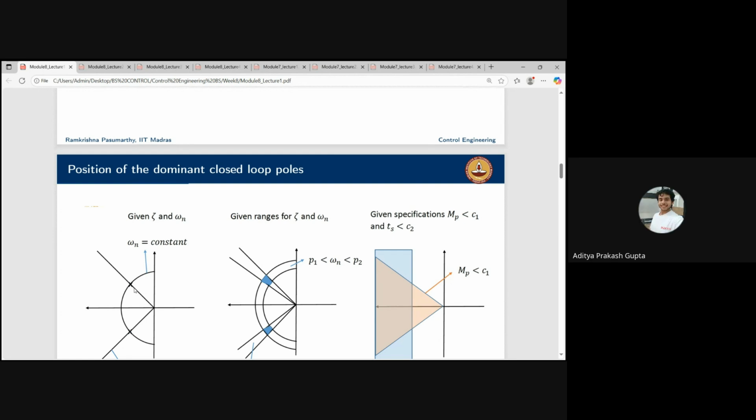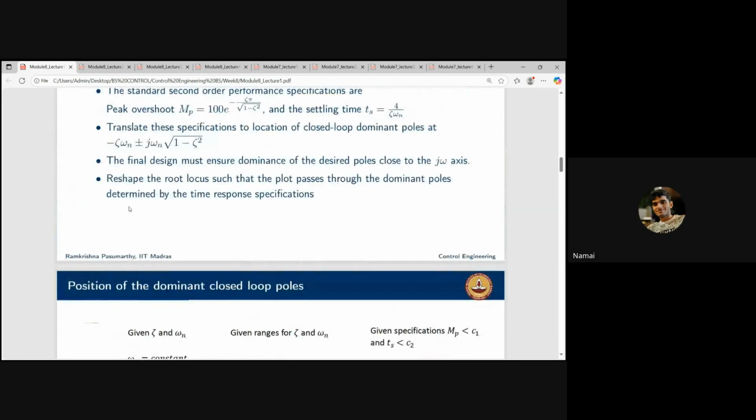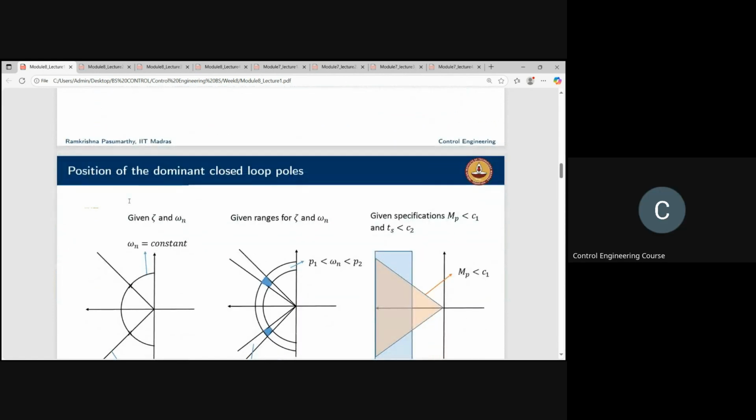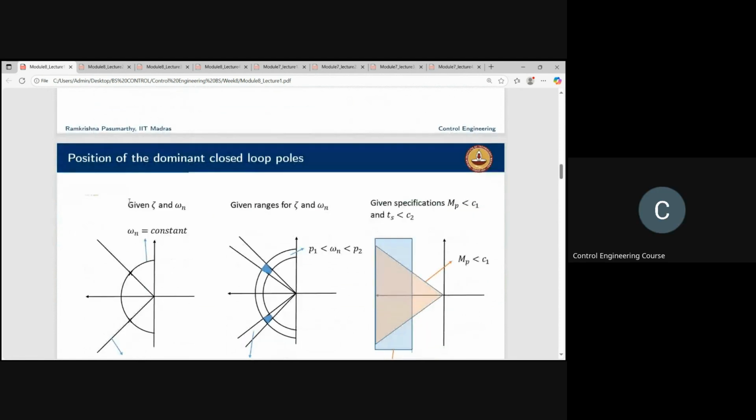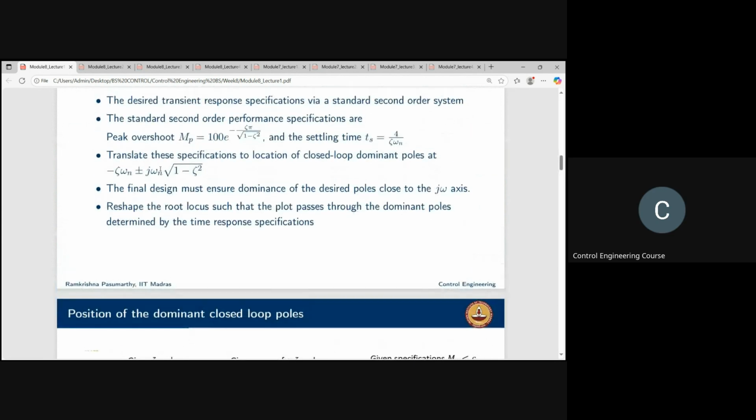Do you get this part? Yes, sir. Please ask, don't feel shy. Are you saying fixing zeta is the same as fixing the angle? Exactly, that's what I'm coming to next. Right. If you take the argument of this complex number, treat this as the imaginary part and this as the real part, tan theta is imaginary by real, right?